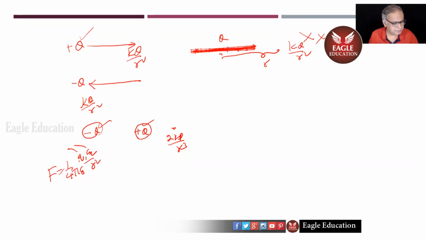Sir, if there are no point charges in reality, then the formula kq1 q2 by r squared that Coulomb took, is it for point charges?